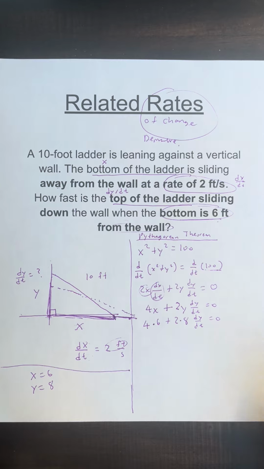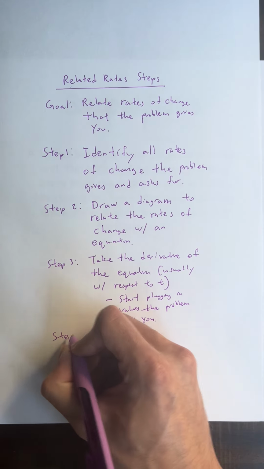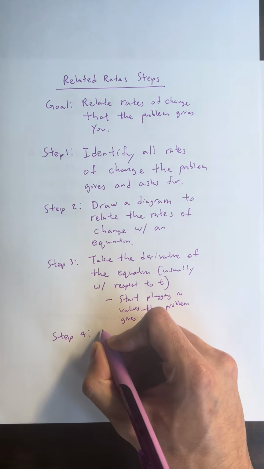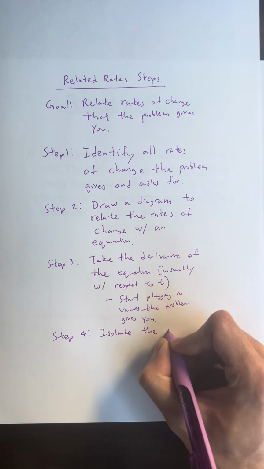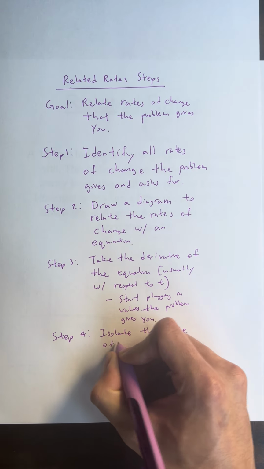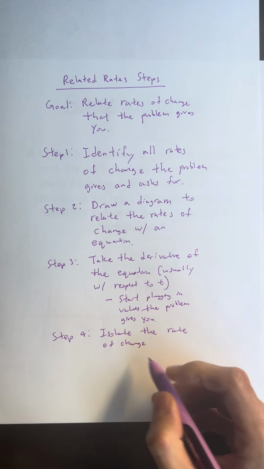So step 4. Isolate the rate of change. And what's another word for rate of change again?